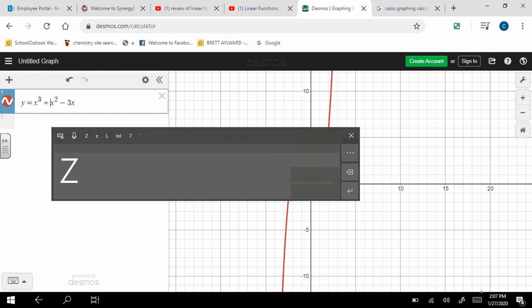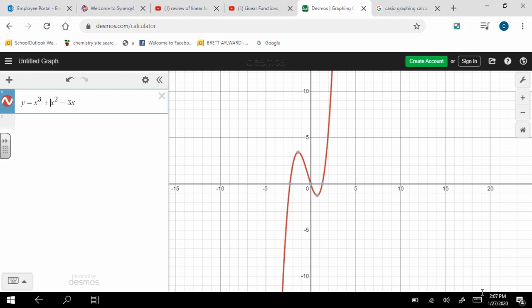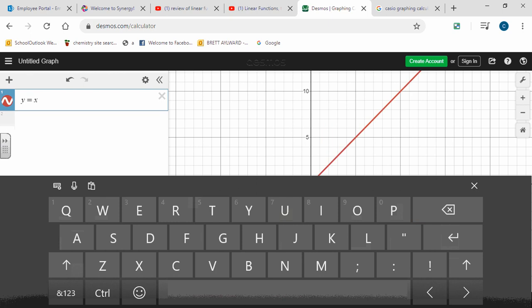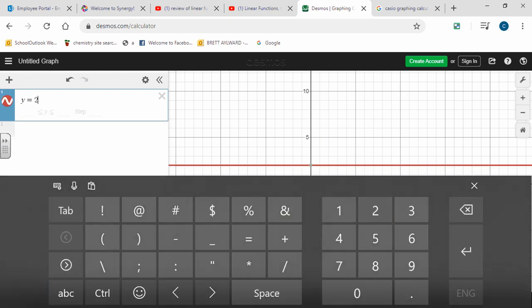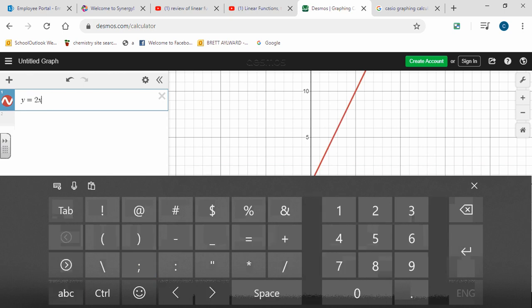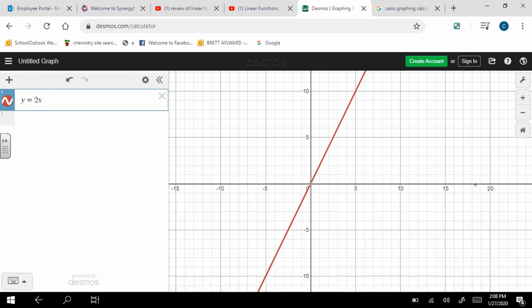I don't know if Desmos is going to work for me when I do it like this. Okay. I think that was 2x. That's going to be real challenging. So maybe we won't do that in Desmos right now.